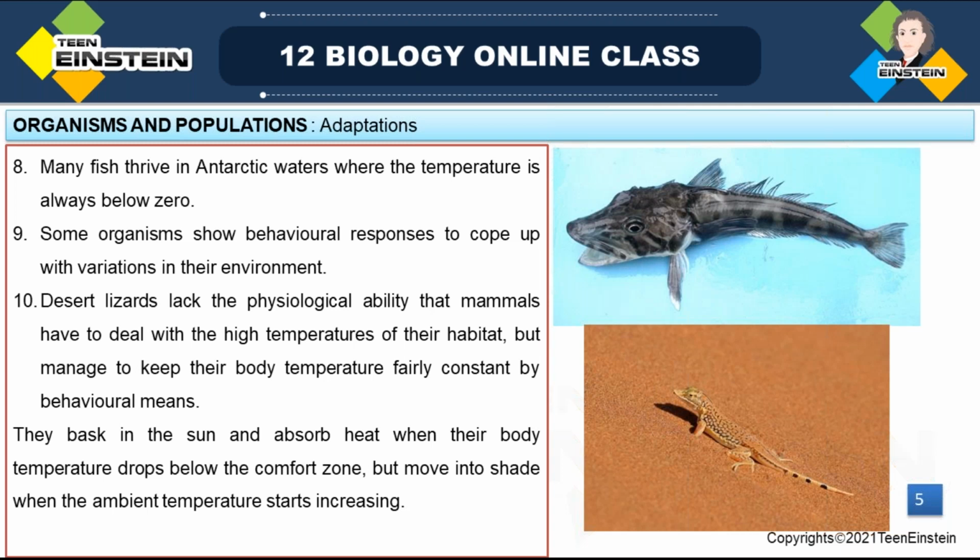See, they need that sunlight and warmth, but they cannot live in high temperature. So whenever their temperature goes below the comfort zone, they get exposed to the sun and absorb heat. And when it reaches the correct body temperature, they move into the shade.